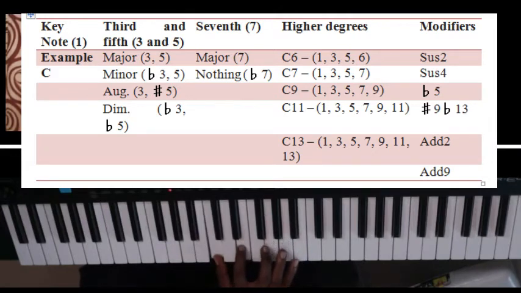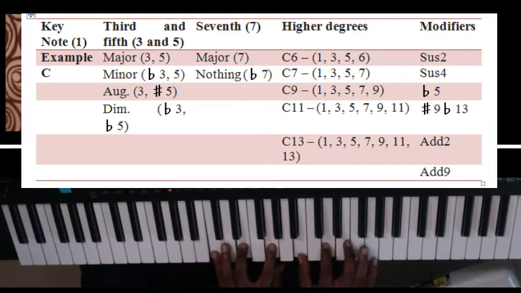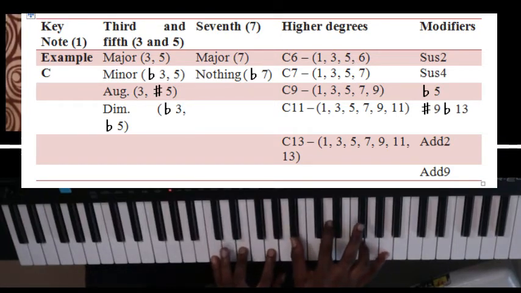For C9, 1, 3, 5, 7, and 9. For C11, 1, 3, 5, 7, 9, and 11. For C13, 1, 3, 5, 7, 9, 11, 13. But I told you, if the major 7 is not added, you play the flattened 7th.